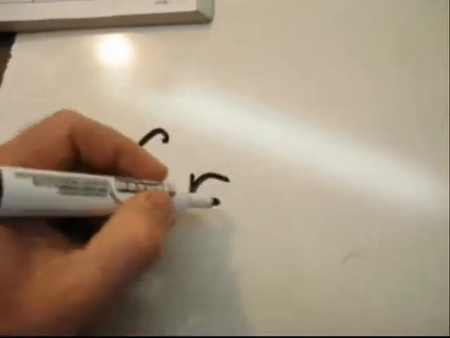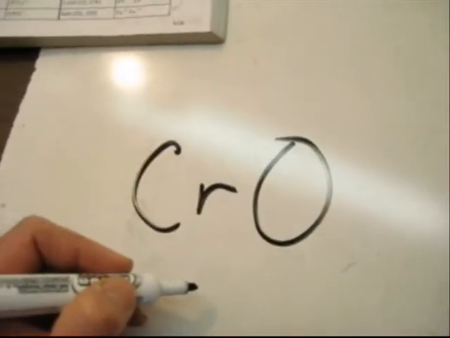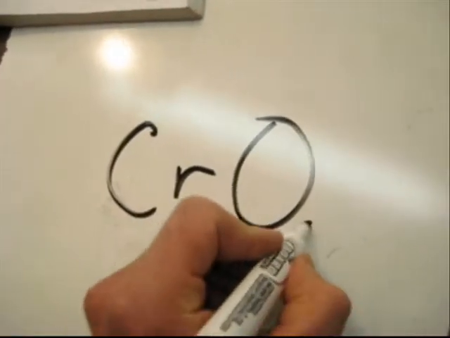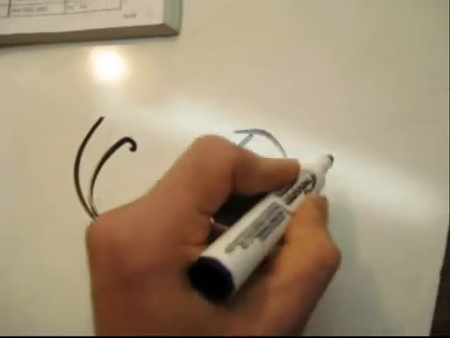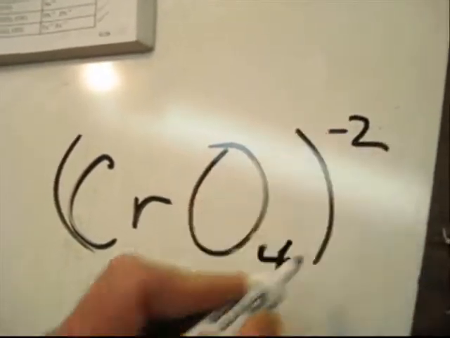The next two are some really strange ones. We've got chromate and dichromate. Ending in ate, so we know we've got oxygen. Chromate, the other element is going to be chromium and the oxygen. Chromate is CrO4, minus 2.